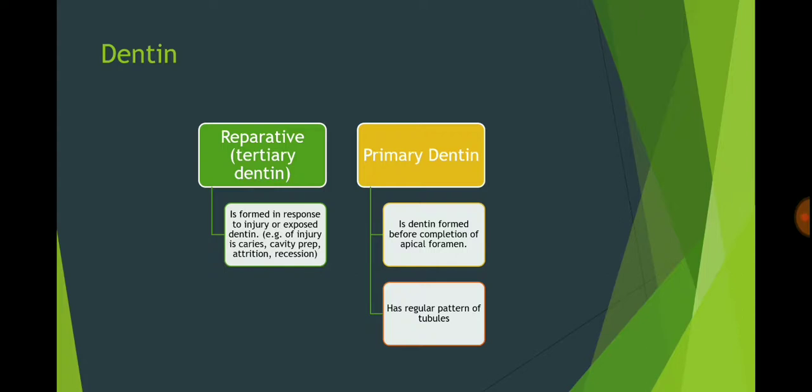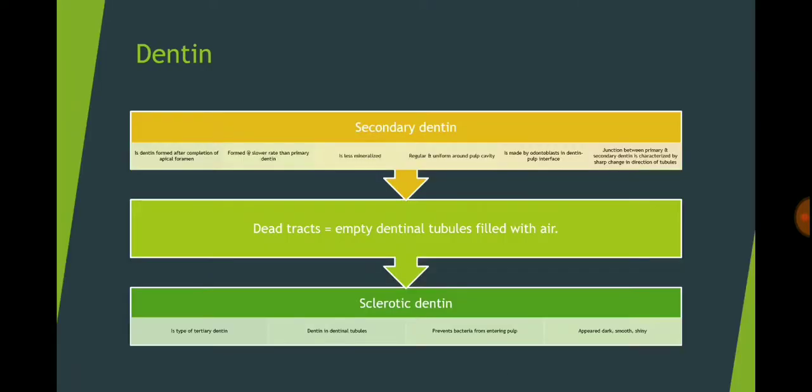Primary dentin has a regular pattern of tubules. Secondary dentin is the dentin formed after the completion of the apical foramen. So primary dentin is formed before the completion of the apical foramen, and secondary dentin is formed after.